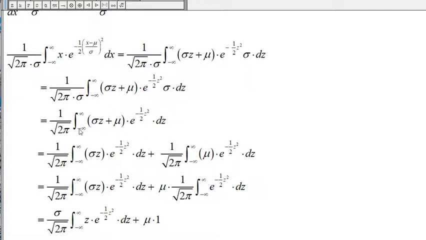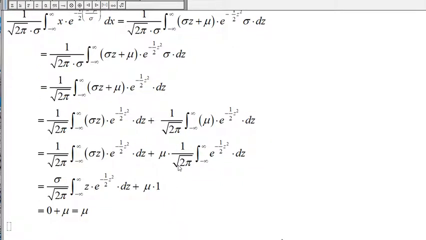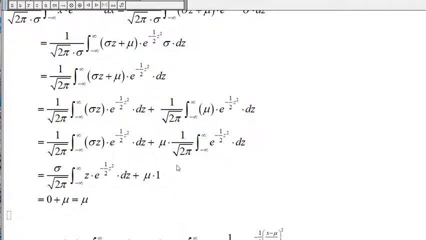So this is the sum, and we just write it as a sum of two integrals. Sigma again is constant, so we can write this as sigma over the square root of 2 pi. And then what's left is z times e to the negative 1/2 z squared.